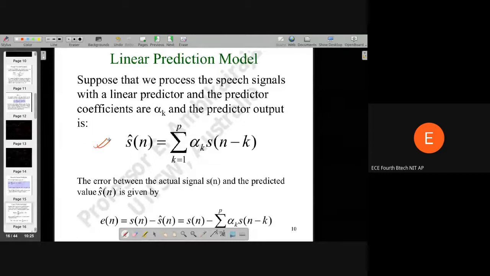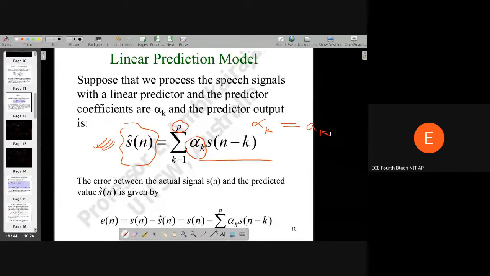We will say any speech sample at any point n will be represented as a weighted sum, a linear combination, of p previous samples. The weights are given by alpha k. We hope from this linear prediction analysis that alpha k becomes equal to a_k, meaning we have truly represented the speech signal. That is our hope.